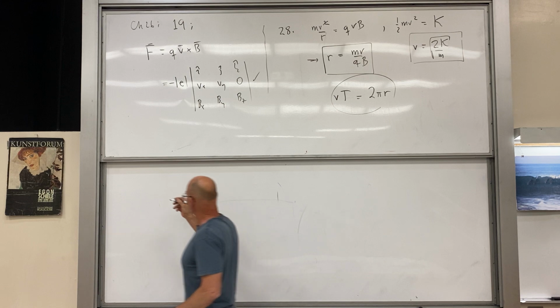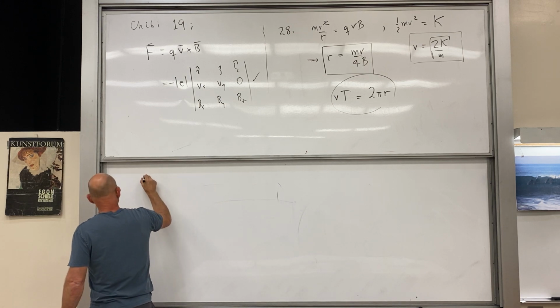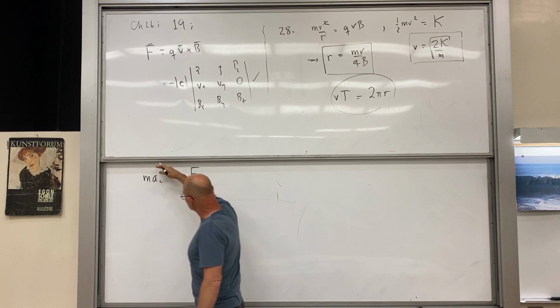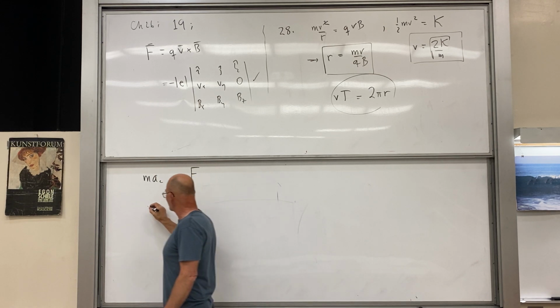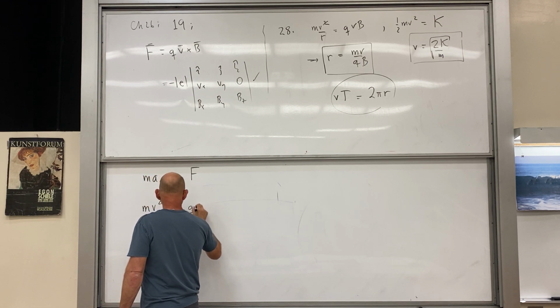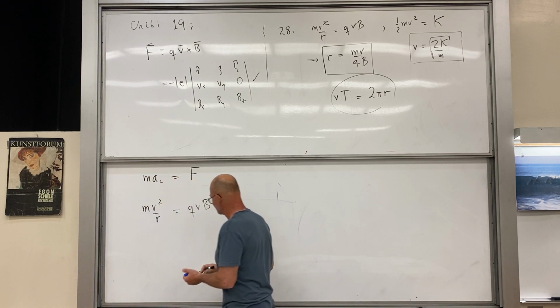So in fact, let's say we have mass times acceleration is equal to force, mass times centripetal acceleration, so we have mv squared over r equals qvB.